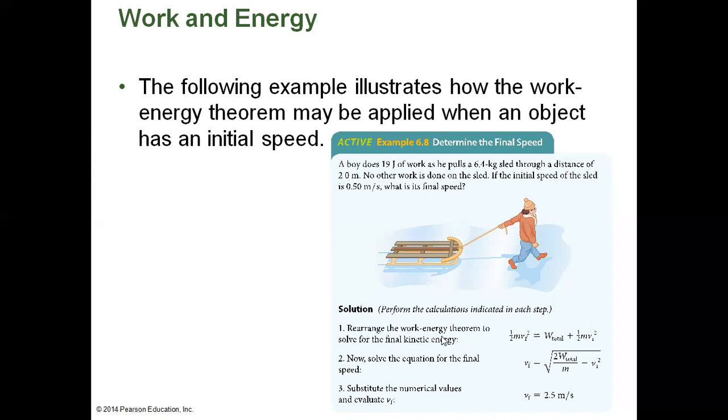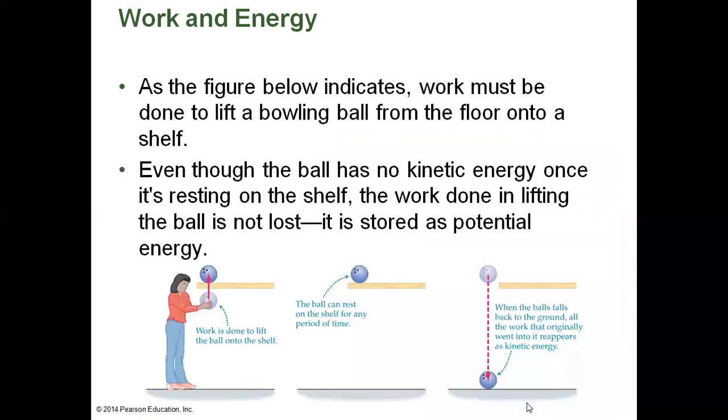Rearranging the work energy theorem to solve for the final kinetic energy, 1/2 m vf squared equals total work plus 1/2 m vi squared. So vf equals the square root of 2 times total work over m plus vi squared. Solving this, you will get the final velocity as 2.5 meters per second.